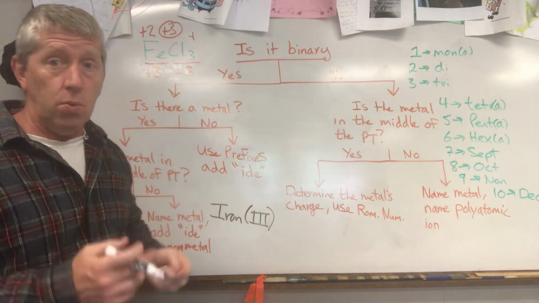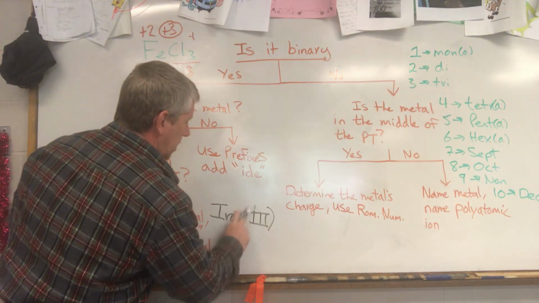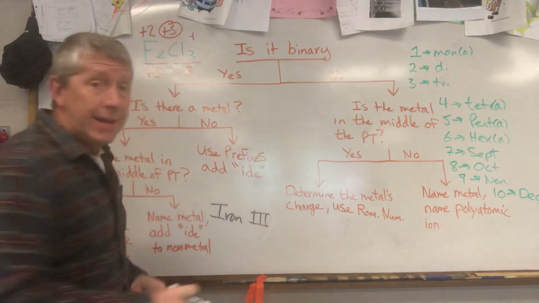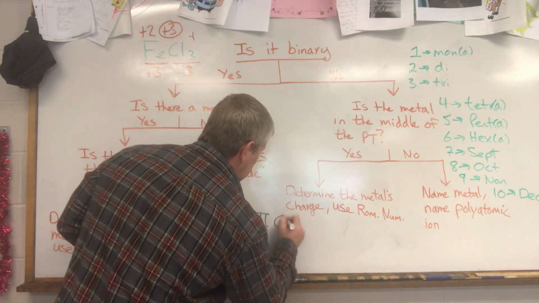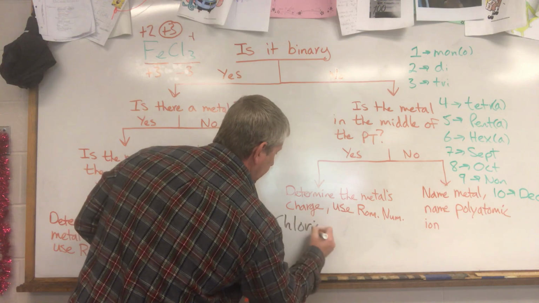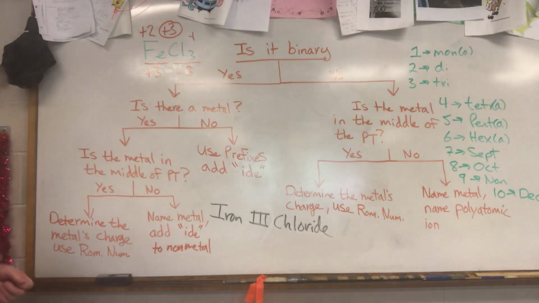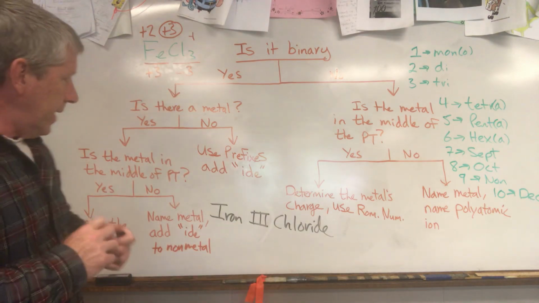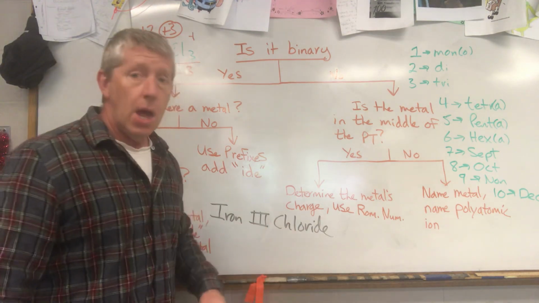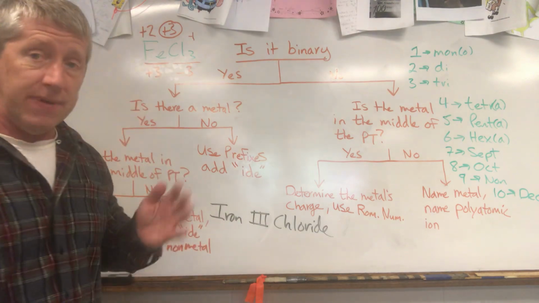Sometimes you'll see it and sometimes you won't. Sometimes you'll just see iron 3, and that's fine. Iron 3 chloride. So you still use the -ide ending for the compound. Iron 2 chloride would be FeCl2.